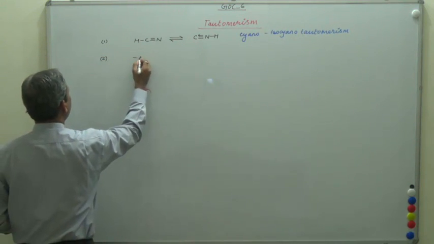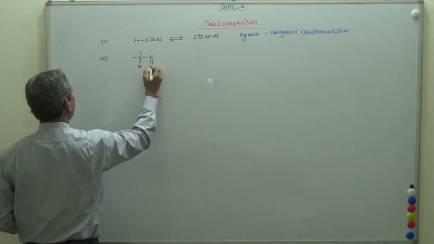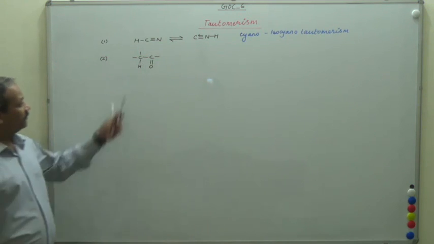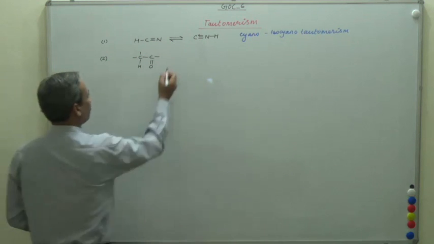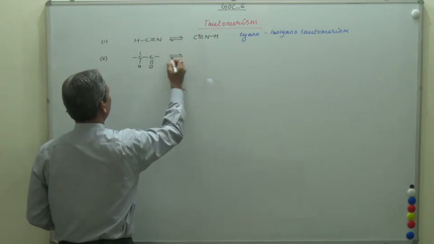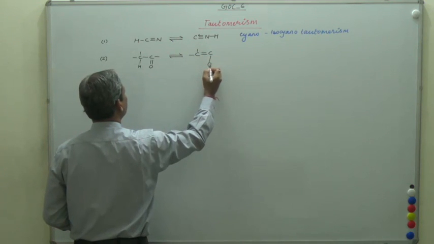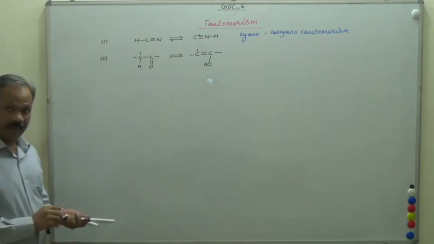In second category, again, if this hydrogen atom shift between this carbon and oxygen, a new species is formed that will be in dynamic equilibrium with the parent species.